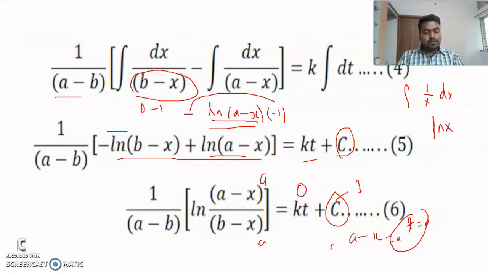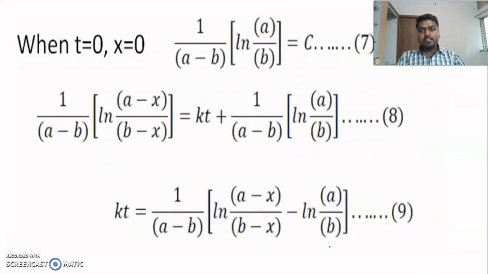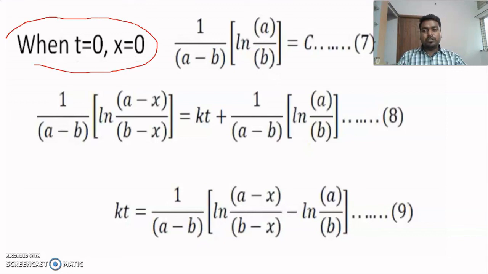Then c is equal to, when we put this value, when t is equal to 0 and x is equal to 0, we are going to get 1 divided by a minus b into ln of a divided by b is equal to c. So this is the integral constant value.